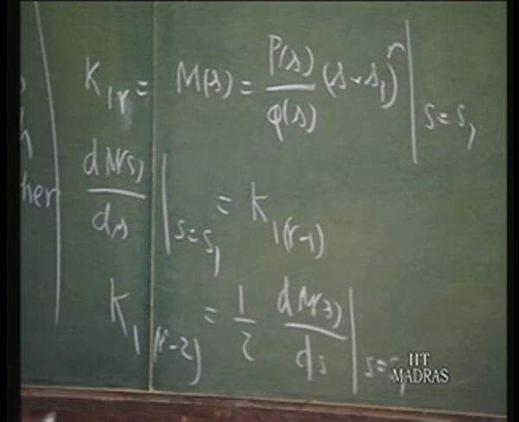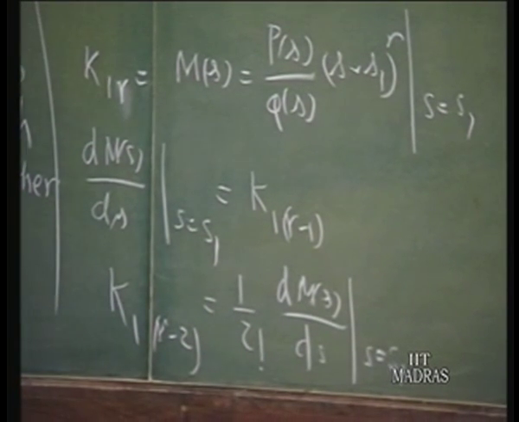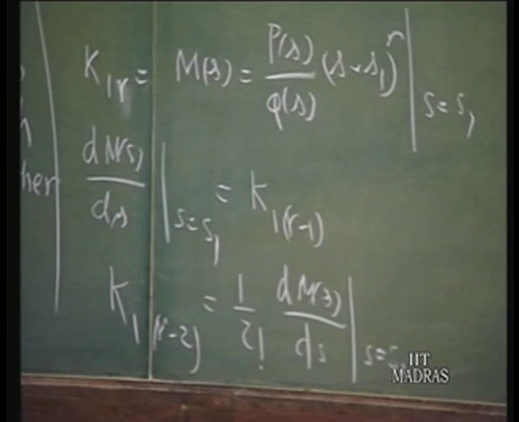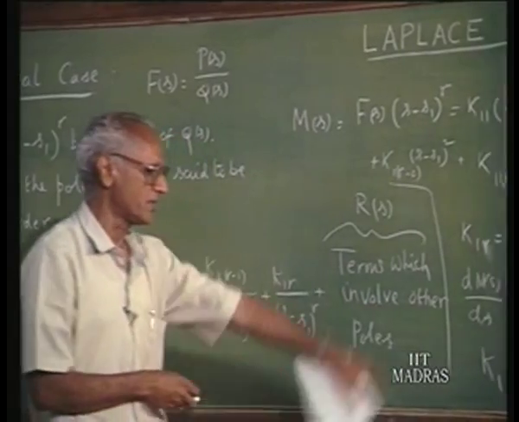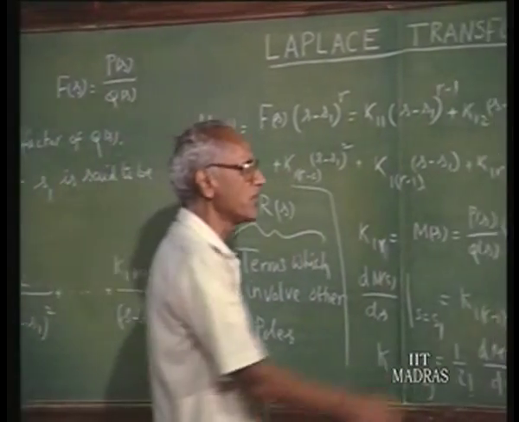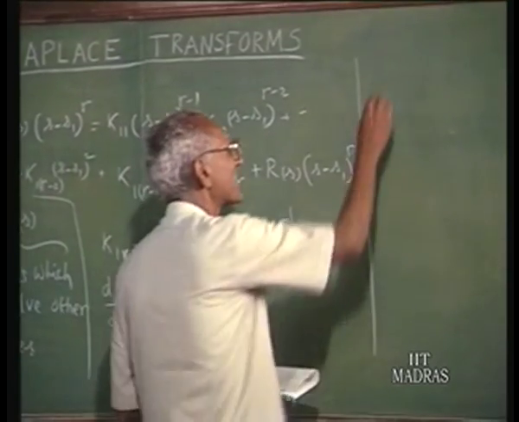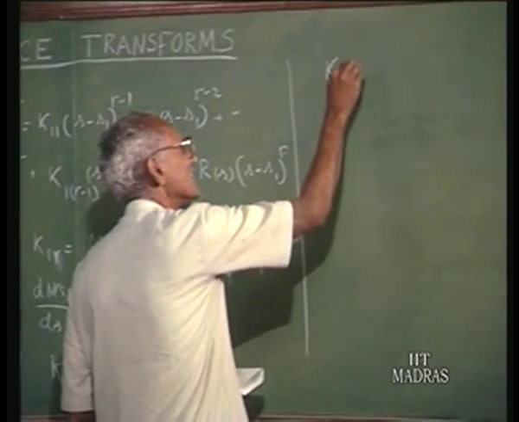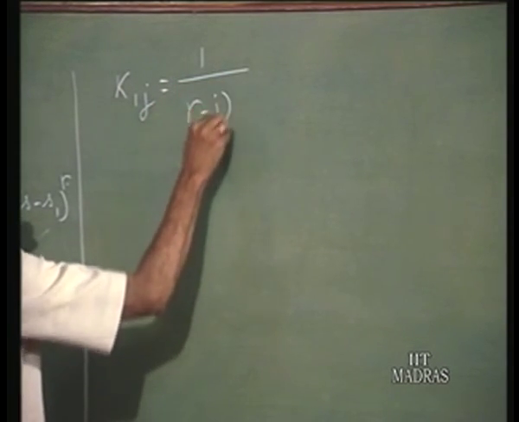As a matter of fact, instead of 2, I will write 2 factorial, because that is how it progresses. And for the previous term, k1(r minus 3), you will get 3 factorial. That is how it goes. So continuing this discussion, it is easy to verify. You can show that k1j is obtained as 1 over (r minus j) factorial.